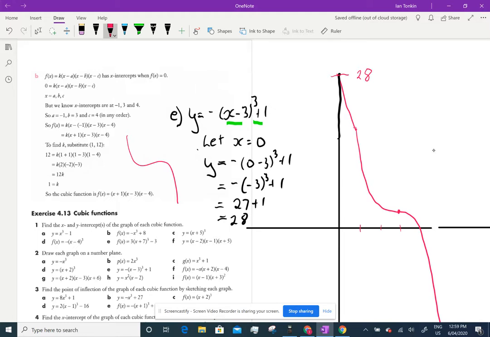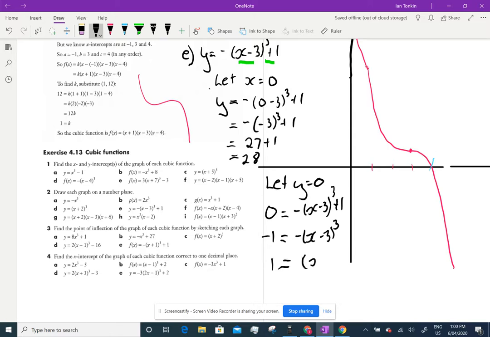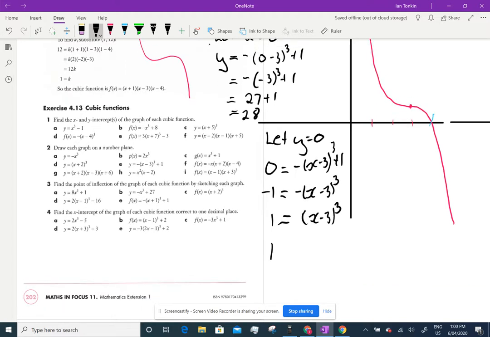This value down here, the x-intercept, I have to let y equals 0, and I get 0 equals -x minus 3 cubed plus 1. Minus 1 equals -x minus 3 cubed. Divide by -1, 1 equals x minus 3 cubed. Cube root it. Cube root of 1 is 1.